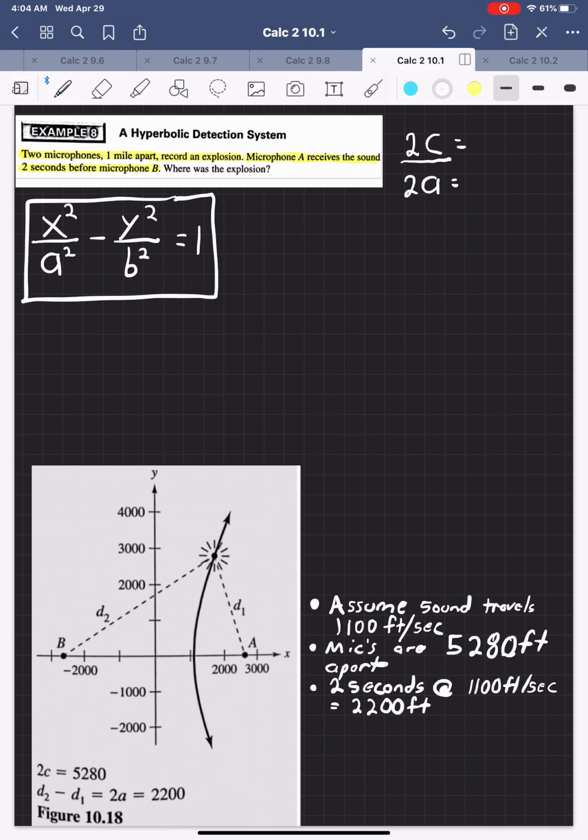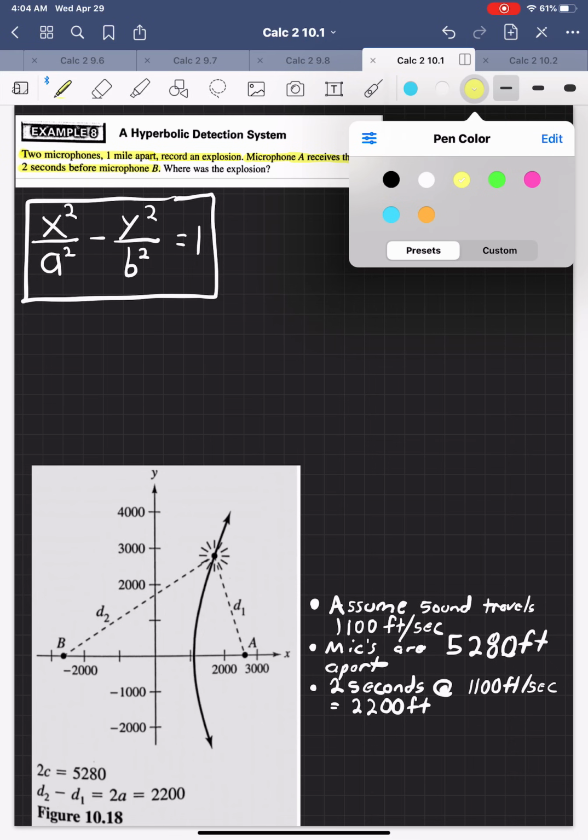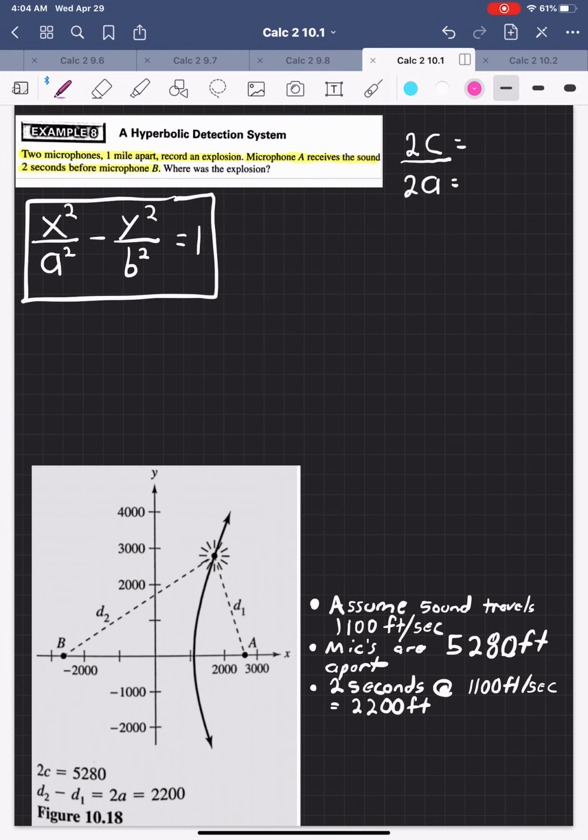Now, what do I mean by 2c? Let me show you. So remember, c is the distance from the center to the focal point. In this case, we'll let microphone A be one focal point. We'll let microphone B be the other focal point.